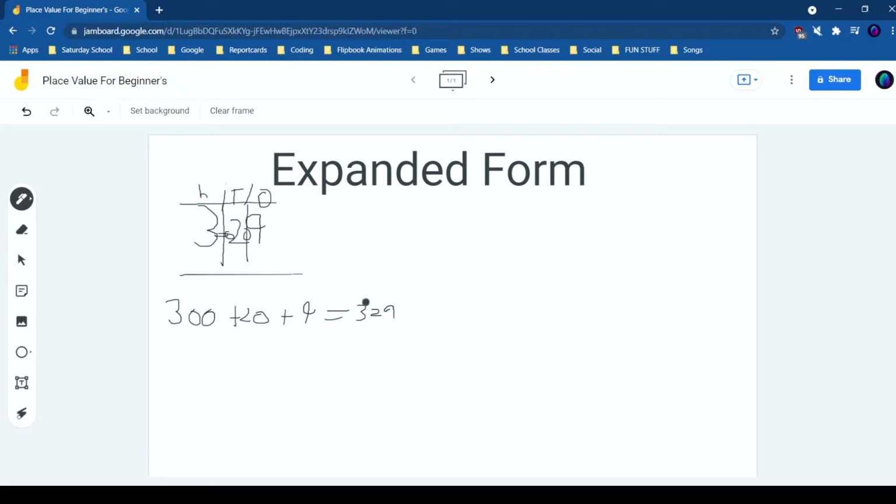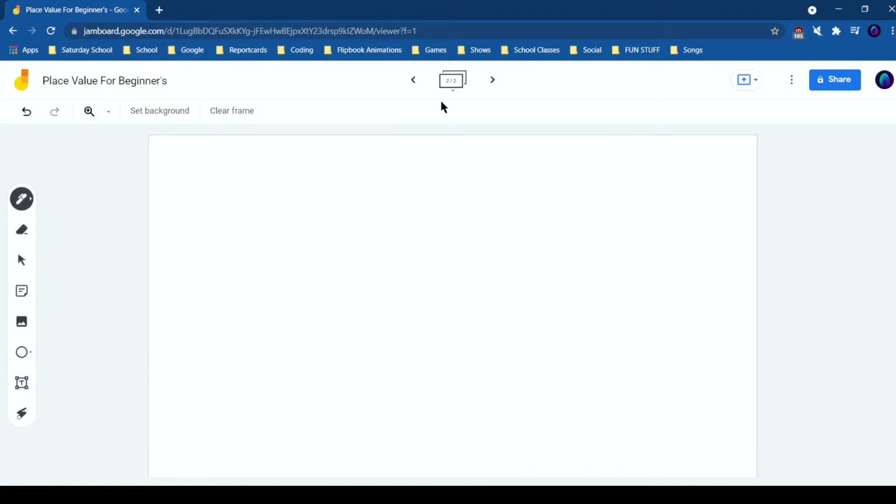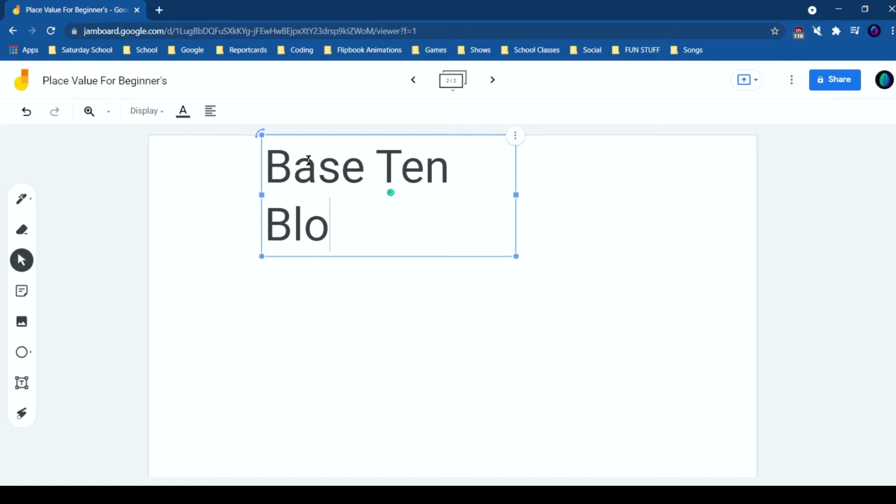Okay, so since that's done, the next thing we're gonna learn about place value is base 10 blocks. So just a little header. Base 10 blocks.